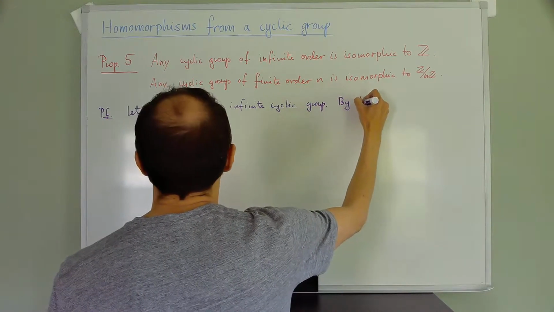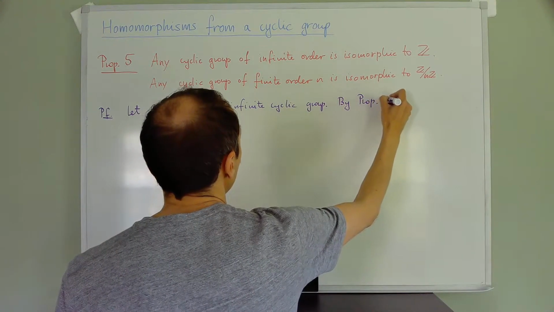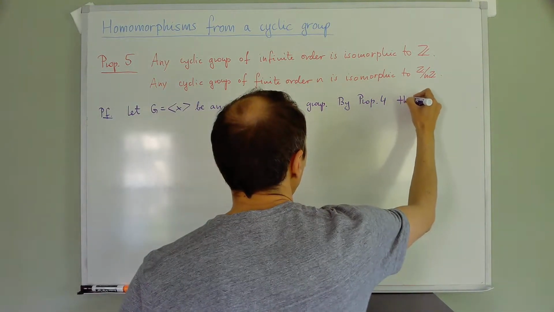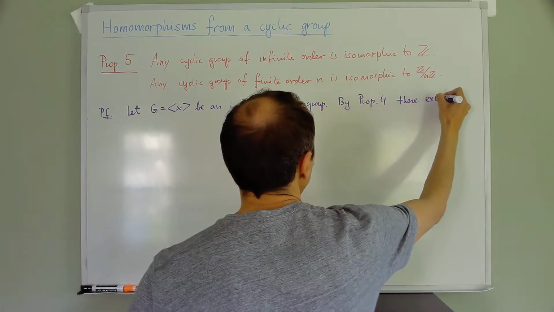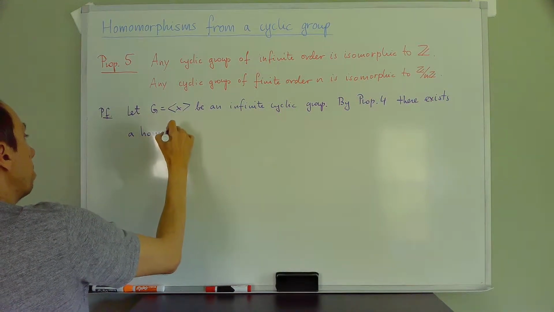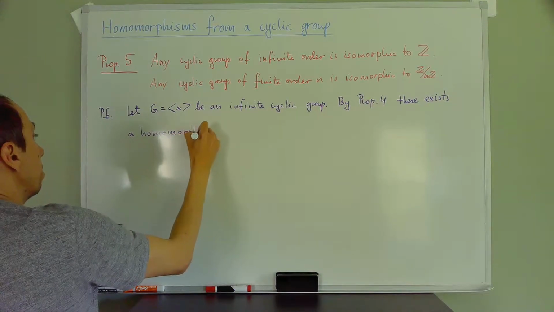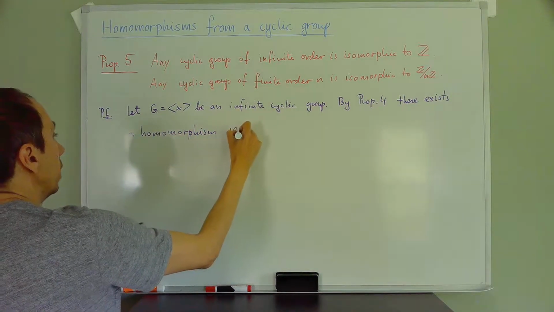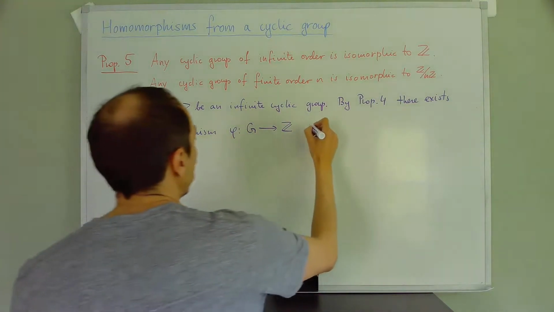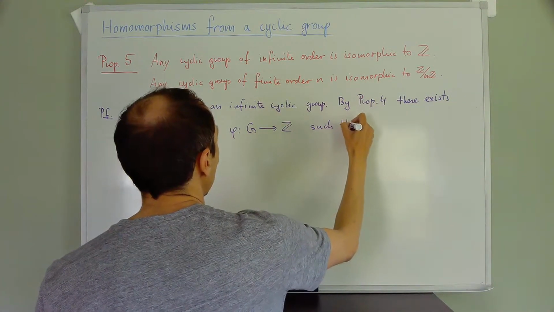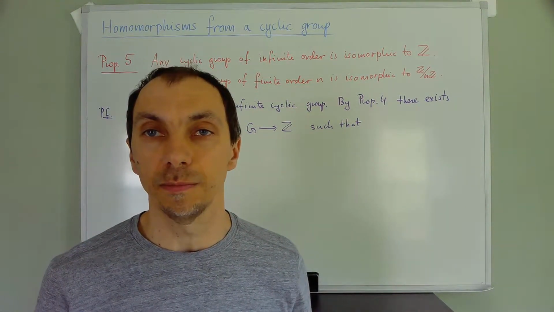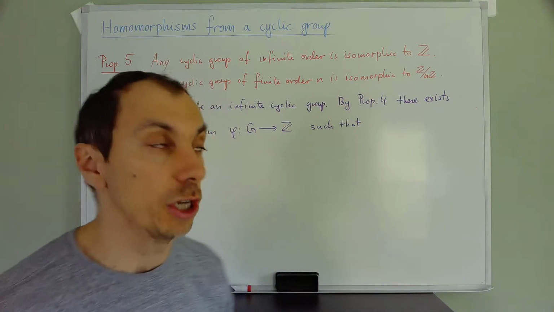By our proposition 4, there exists a homomorphism phi from G to Z such that, well, remember, because G is infinite, I can just choose wherever I want to send the generator.